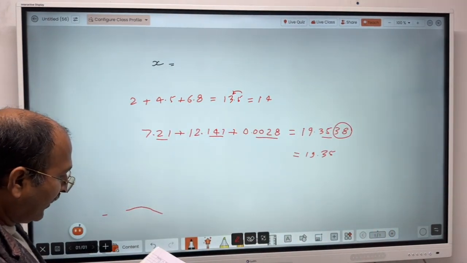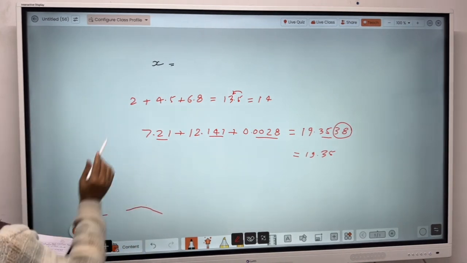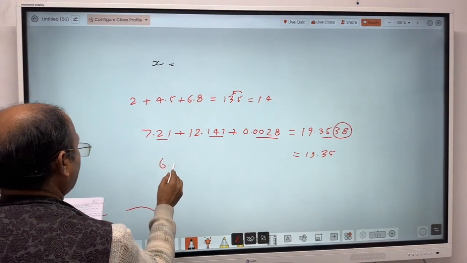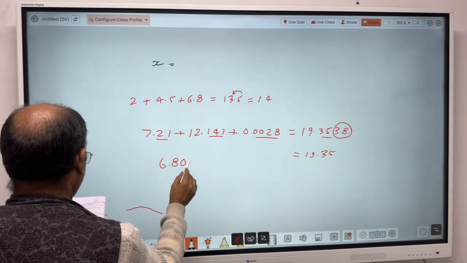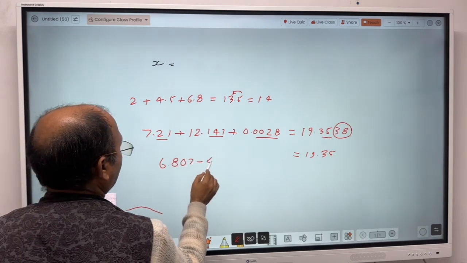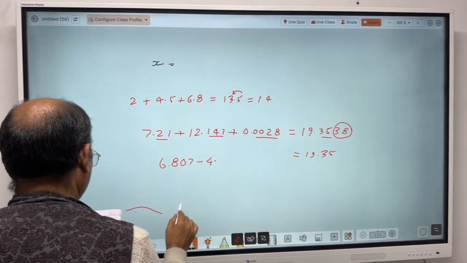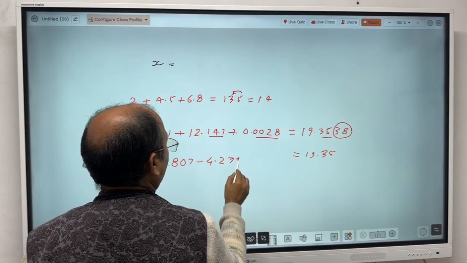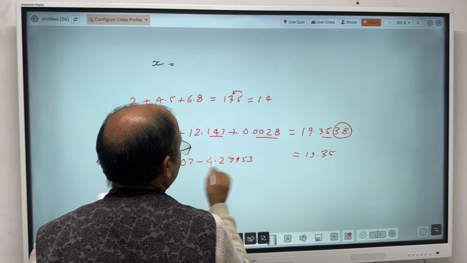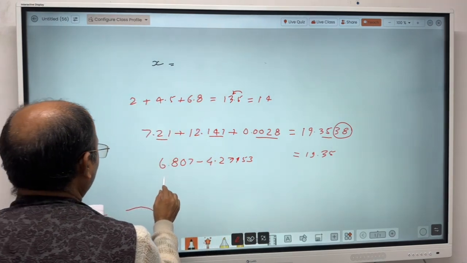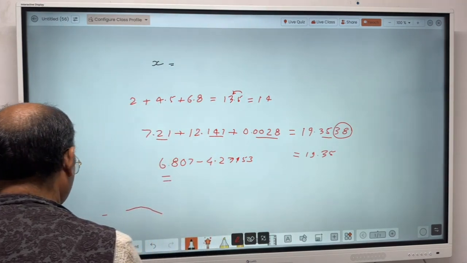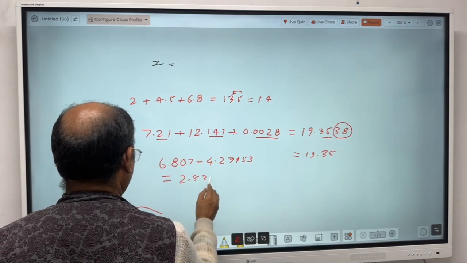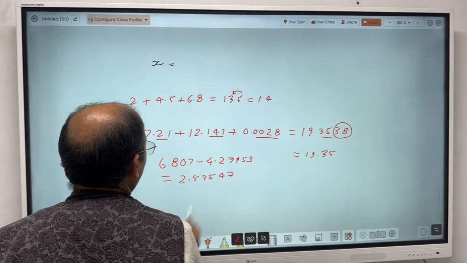Now, in case of subtraction also the same thing will happen. Suppose we have the number 6.807 minus 4.27153. We subtract it. So subtraction will give 2.53547.